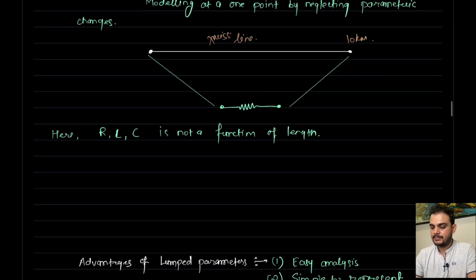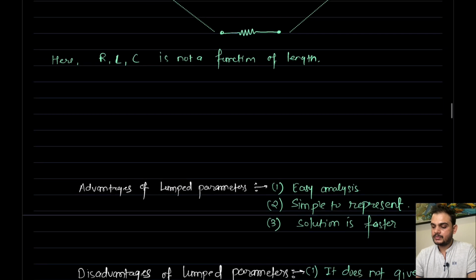The best example for this lumped parameter is my short transmission line or medium transmission line, because in short or medium transmission lines, our resistor, inductor, capacitor will not change with respect to length. Here length we can neglect. Variation of RLC with respect to length can be neglected in case of short and medium transmission line.